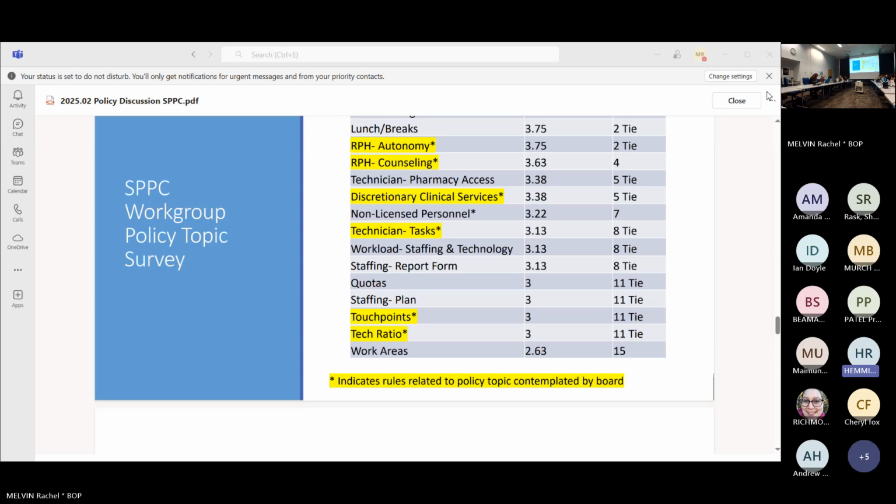And I say that to say, if you're thinking about doing another survey, are you going to change the questions on the survey? Are you going to ask those same questions again? Because if you're going to ask the same questions and people are going to give you a response that you're not going to follow up with, what's the point? So I don't know. This is board member Chin.